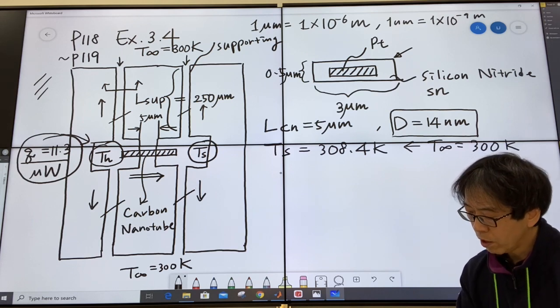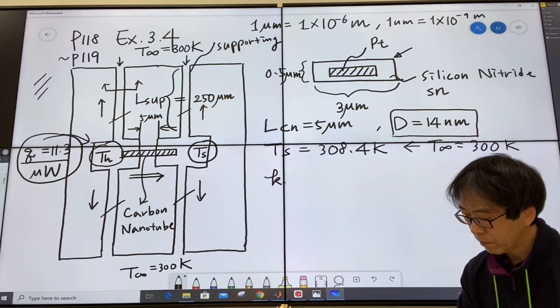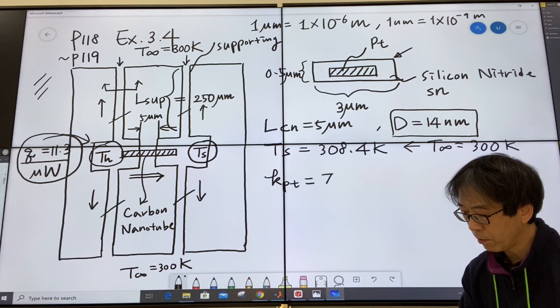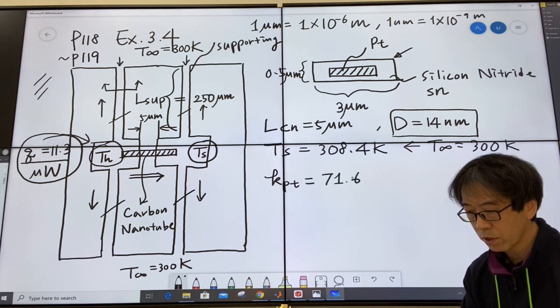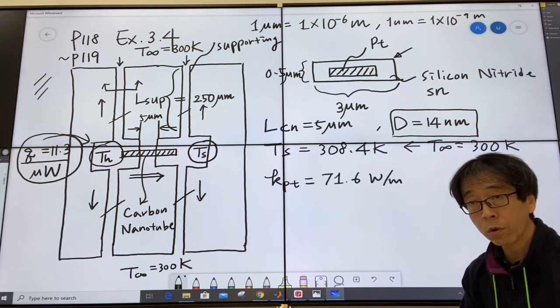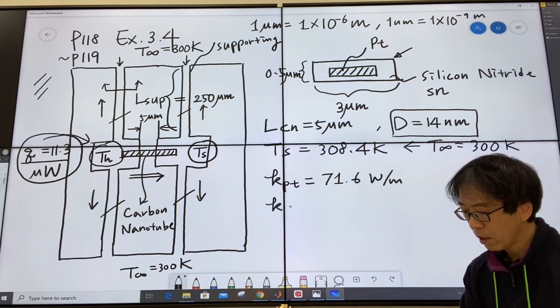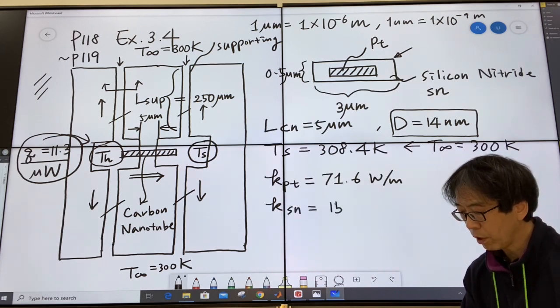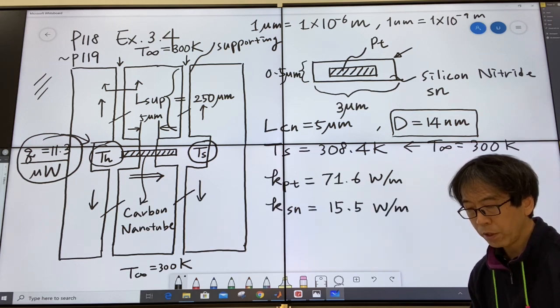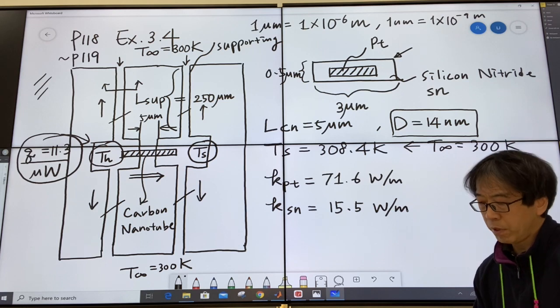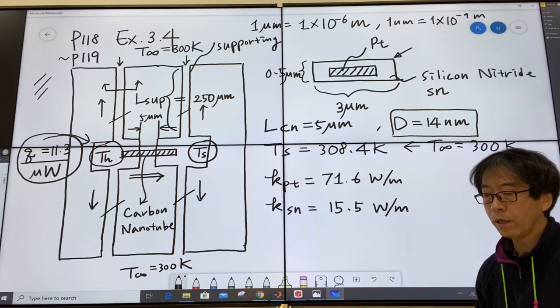Okay, so thermal conductivity of the platinum here is going to be 71.6 watts per meter kelvin according to your textbook, and thermal conductivity of silicon nitride will be pretty low, only 15.5 watts per meter kelvin. So we got pretty much everything ready here, okay?